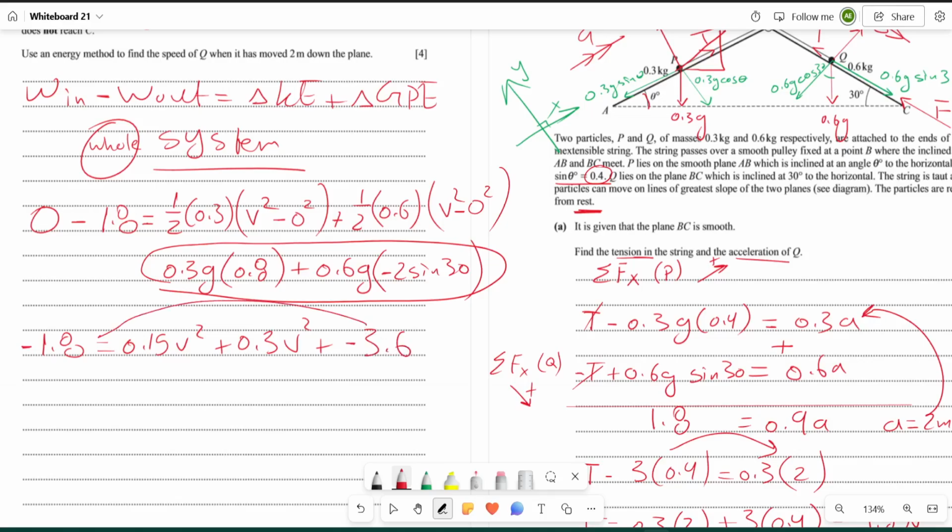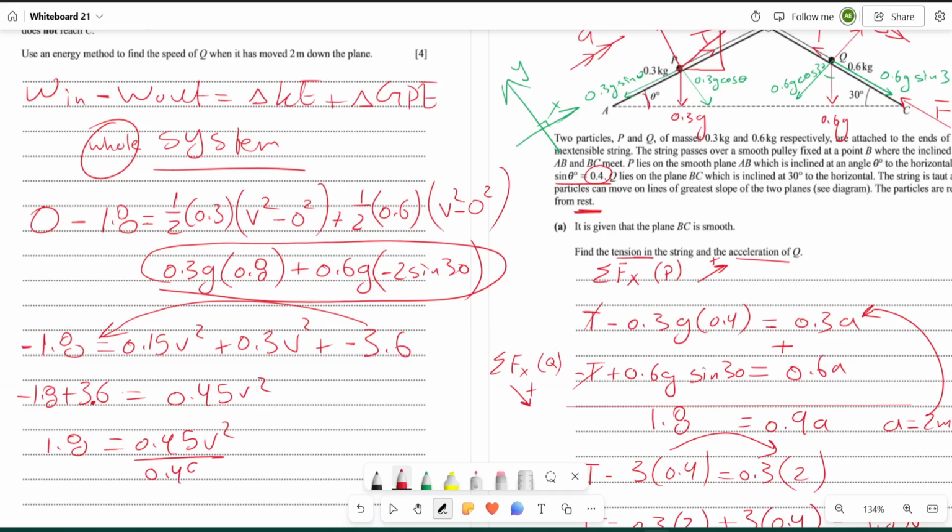I'm going to move this to the other side, so it becomes minus 1.8 plus 3.6 equals 0.15 plus 0.3, that is 0.45 V squared. So minus 1.8 plus 3.6 is 1.8, equals 0.45 V squared.